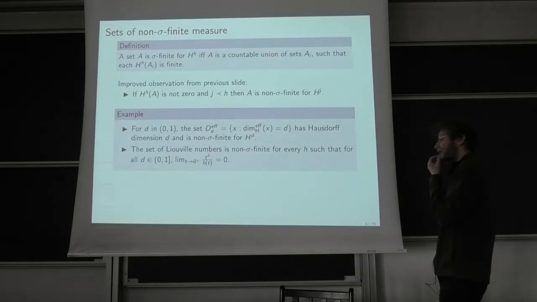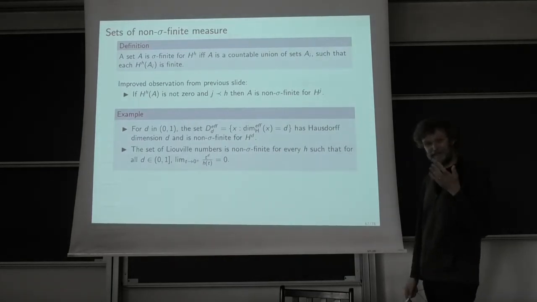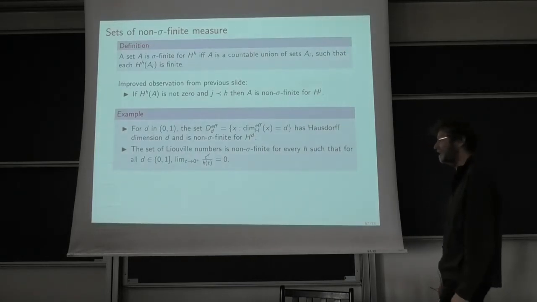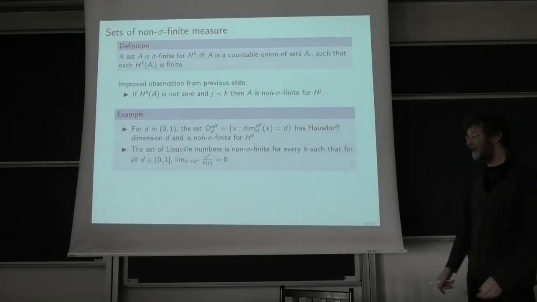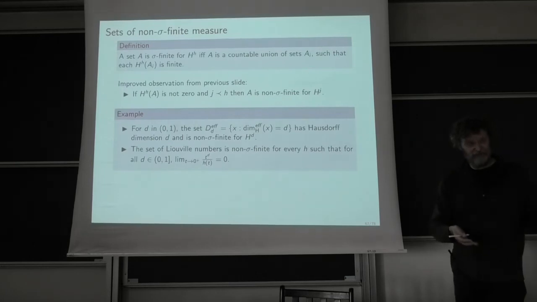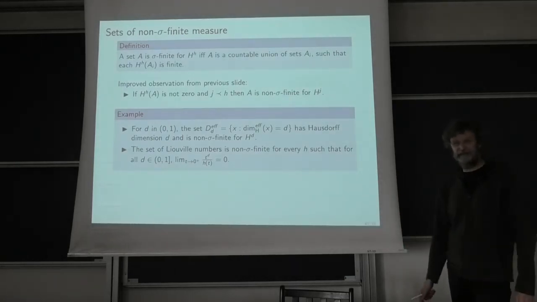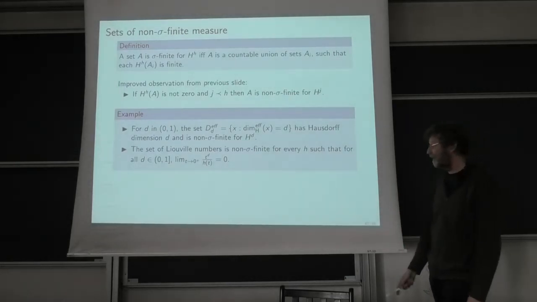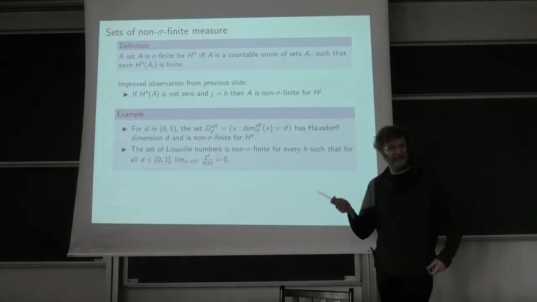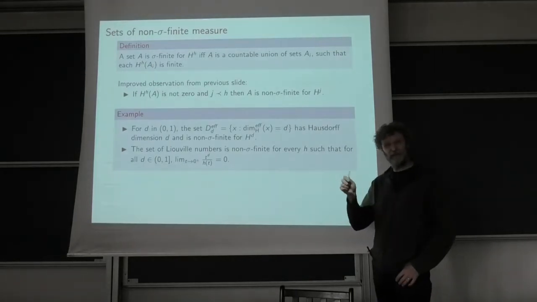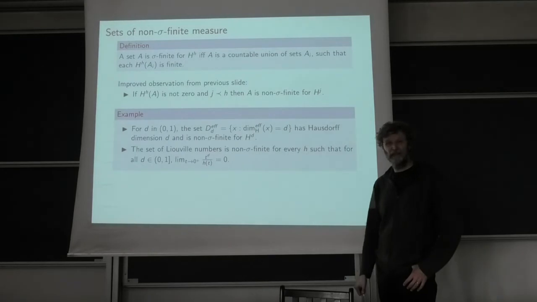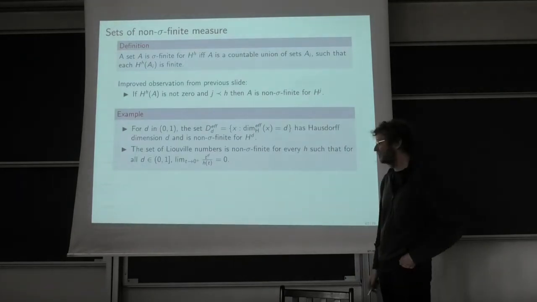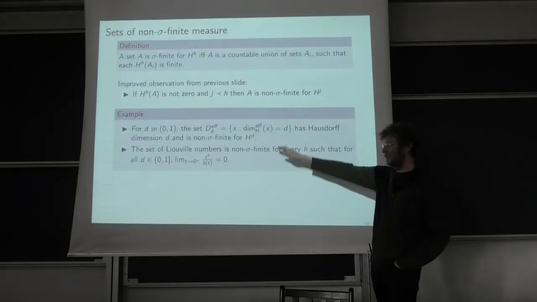Okay, so how about examples of interesting definable sets, so that those sets have a certain Hausdorff dimension and they're not sigma finite for that dimension? All the examples that I know come out of these sort of descriptive sources. Okay, so here's two examples.